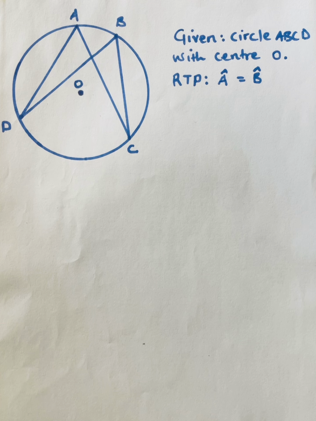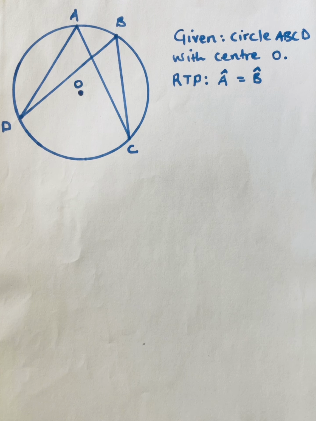In this video we're doing theorem number 4 in most textbooks, and it doesn't really matter what number it is in whatever textbook. What matters is that we have to prove that angles that are in the same segment are equal to one another.